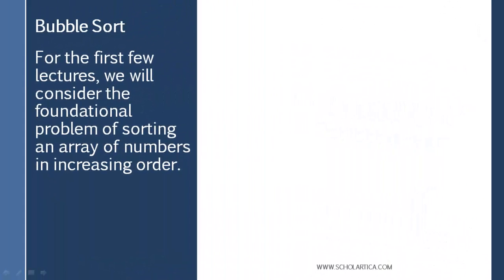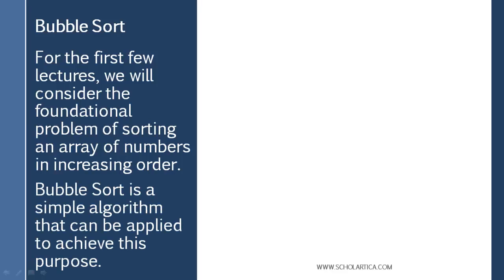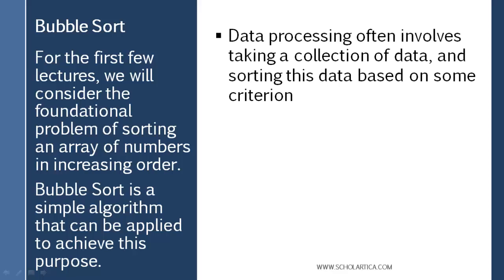So for a little while we're going to stay focused on this problem of sorting numbers in increasing order and compare different algorithms for doing that. As I say, we'll begin with bubble sort. It's simple.